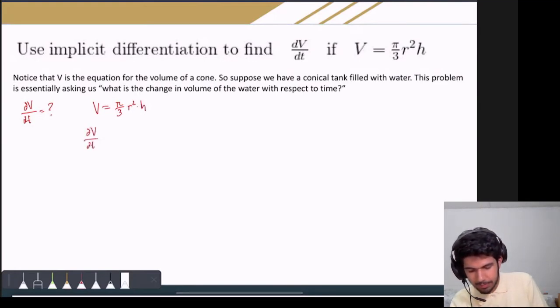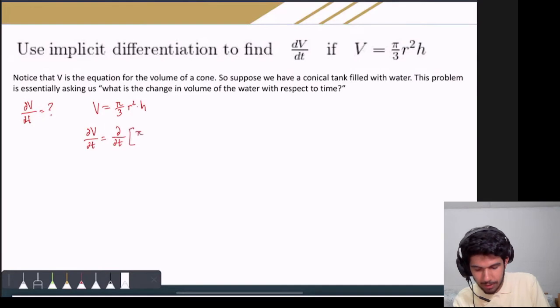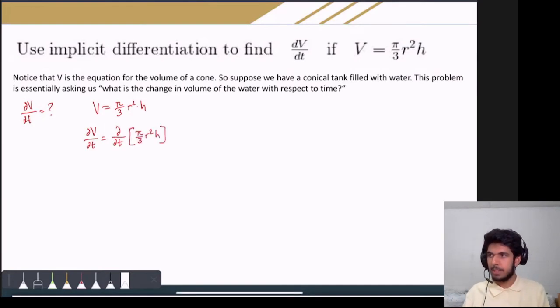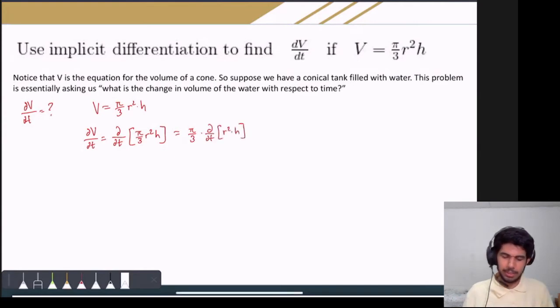dV/dt equals d/dt, we're differentiating with respect to t, of pi over 3 r squared h, right? So that is equal to pi over 3 times d/dt of r squared times h. We're just pulling out that constant. And this really seems like we need the product rule.